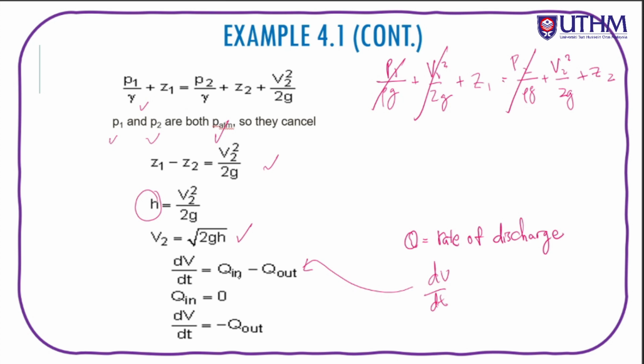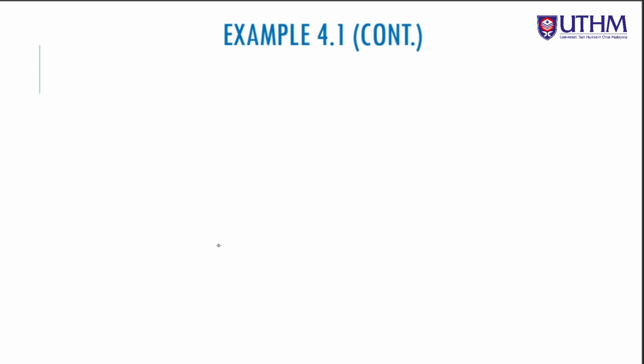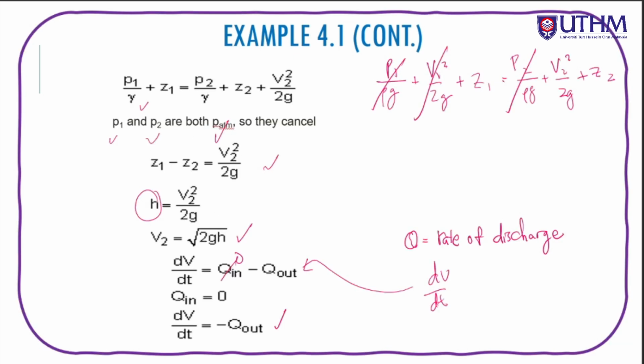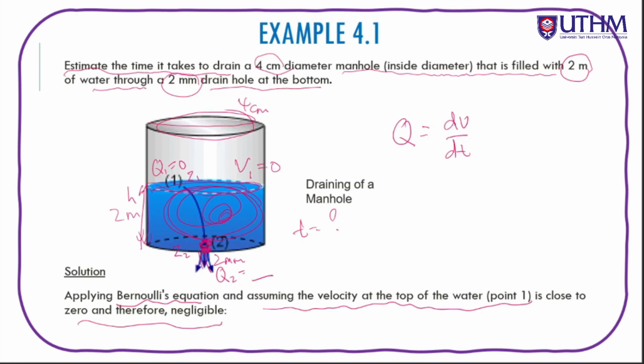Then since Q1 is 0, so yang ni 0, so dV over dt kita akan dapat equals to minus Q out. Okay, so from there actually kita boleh dapatkan this value Q out dulu sebelum kita nak dapatkan dV dt ni. Sebab T sebenarnya ada dekat sini. Kita sekarang nak cari T ni, berapa time taken untuk the water to drain out from this manhole, kan?